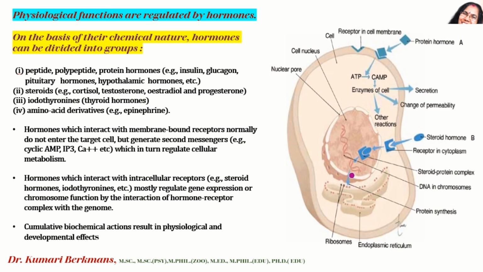That mRNA produces a particular protein which is necessary for the cell. All these make a cumulative biochemical action which results in the physiological as well as different developmental effects. That's all about the mechanism of hormone action.